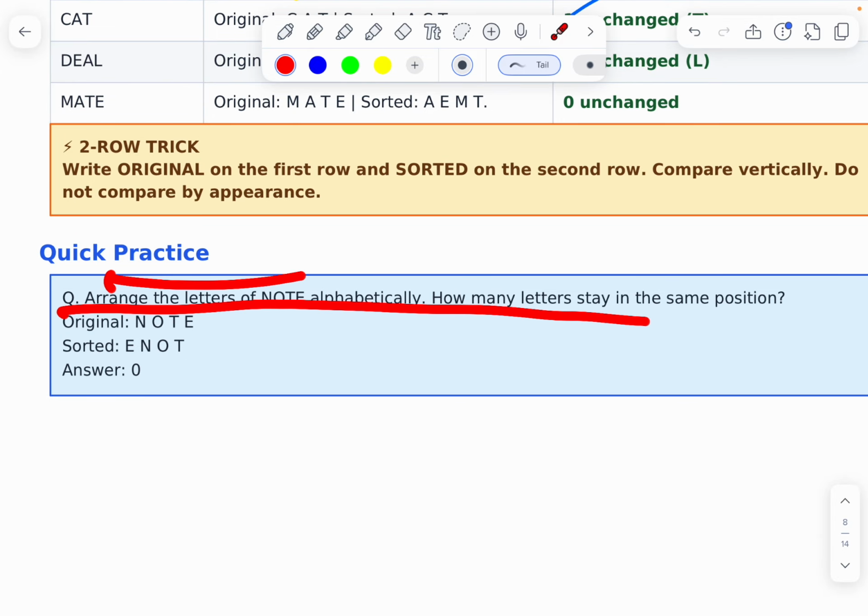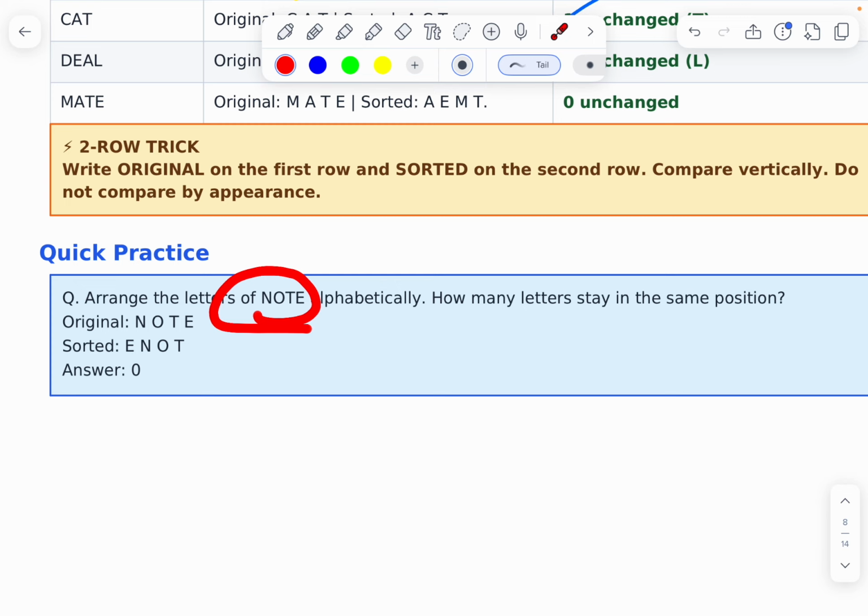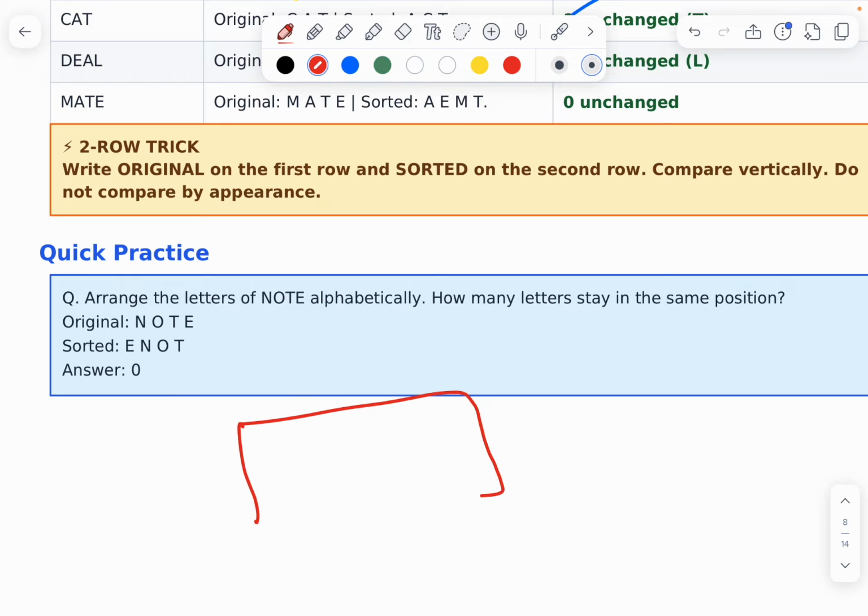I am giving one example to you. Arrange the letters of note alphabetically. How many letters stay in the same position? Original note. First of all, you can take a box here, 1, 2, 3, 4. This is the original.